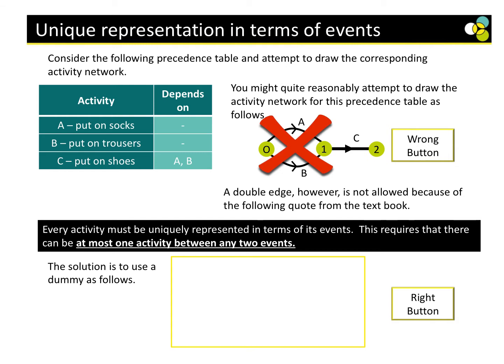For example, if we start at 0, we have A, we have B, and our output is C. What needs to happen? We're going to have to introduce a dummy to then get to C. Now, all of my lines are straight. I know I didn't use a ruler.